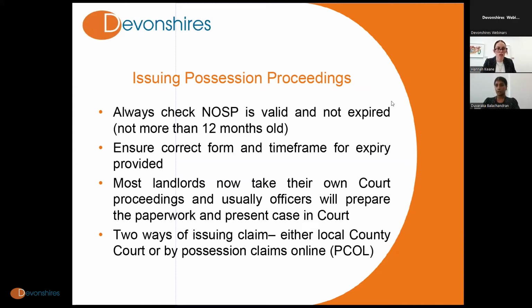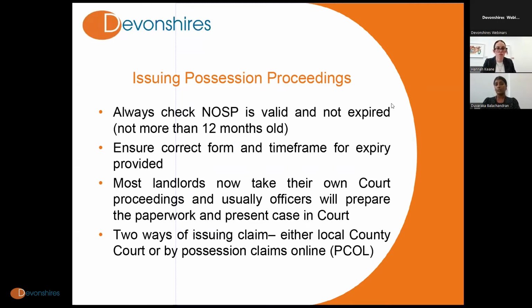One more thing that you should also check is the grounds you are relying upon, that it is specifically worded as per the Housing Act 1988, and that you rely upon the exact grounds that are specified on the NOS. Please ensure that the correct form is used, and also the time frame for expiry is provided.